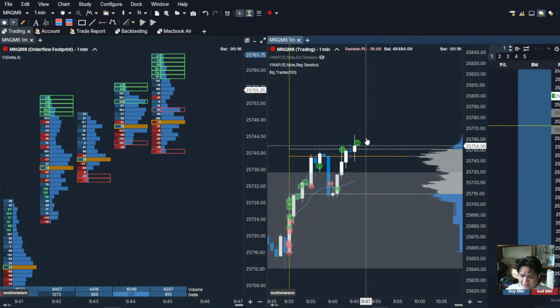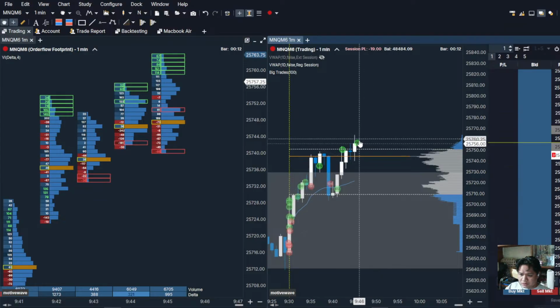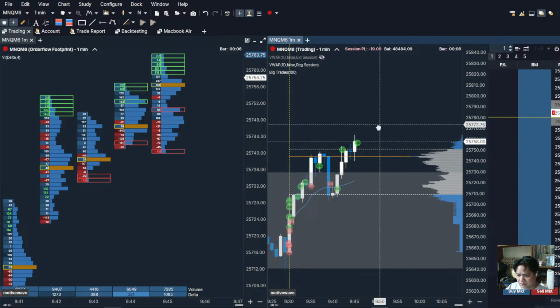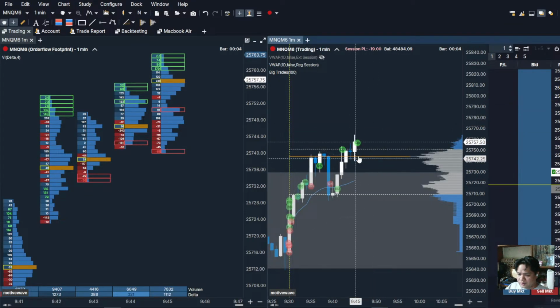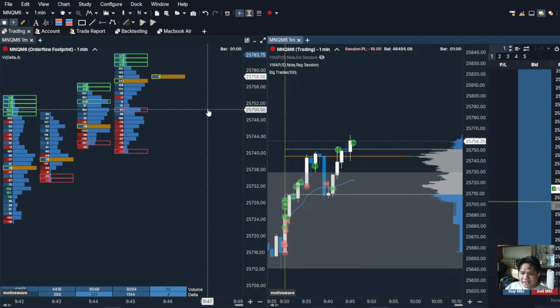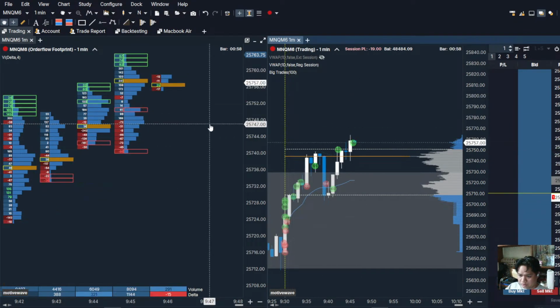Again, buyer stepped in again here, 130, and it looks like we're gonna get absorbed still. I'm still waiting for the market to go down and show me some sells. But if the market continues to go up here, then it goes up. I am very short. My bias is short.